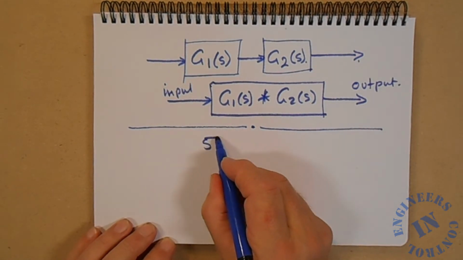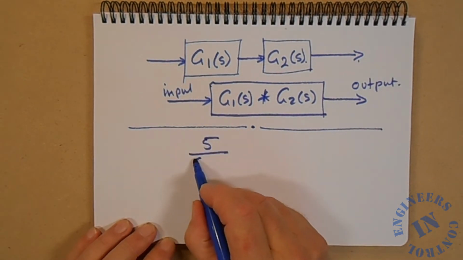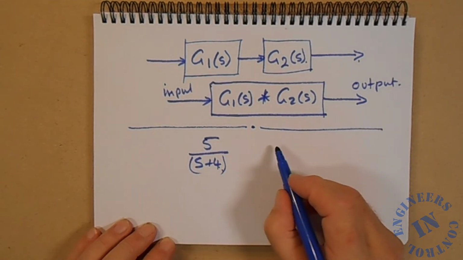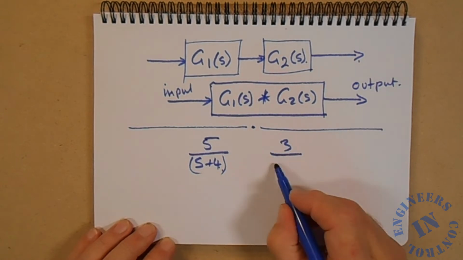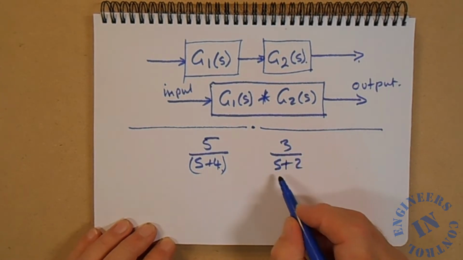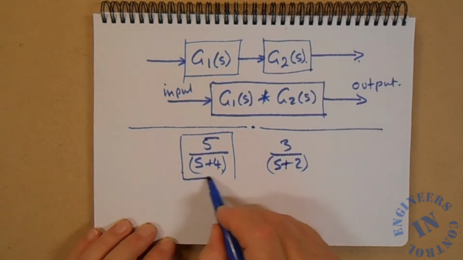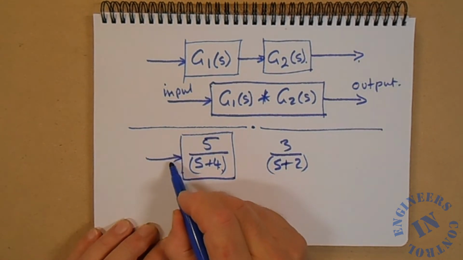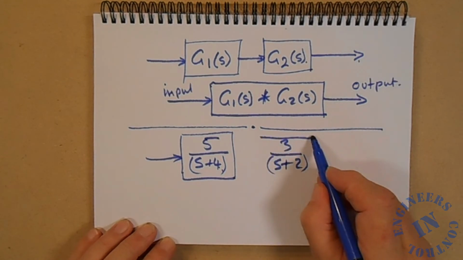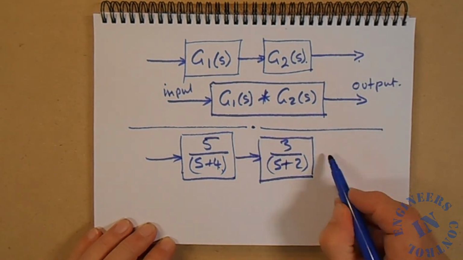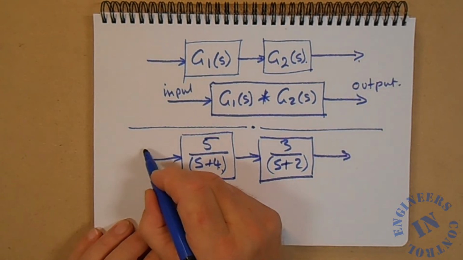So we'll use some fairly simple transfer functions like that, and 3 over S plus 2 like that. I'm just using simple ones here, but that's okay. It's just to show how it works.